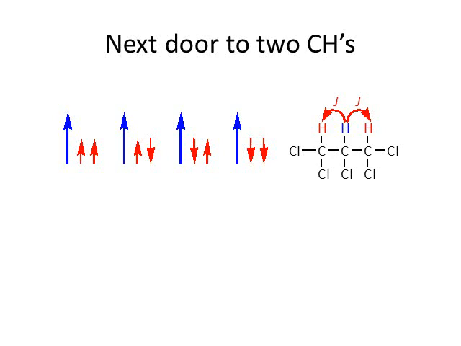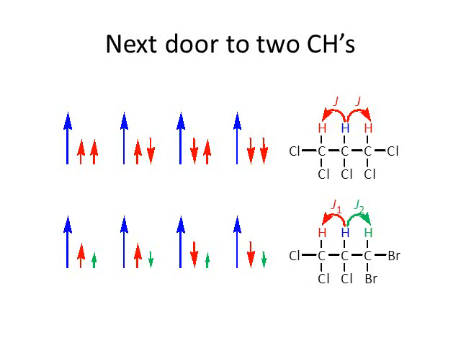But what if it's not symmetrical? So, for instance, let's take 1,1-dibromo-2,3,3-trichloropropane, which would be the name of this. This molecule is not symmetric. Again, this hydrogen is affected by a hydrogen on this side and a hydrogen on this side. But in this case, because it's not symmetric, the effect should not be expected to be identical.